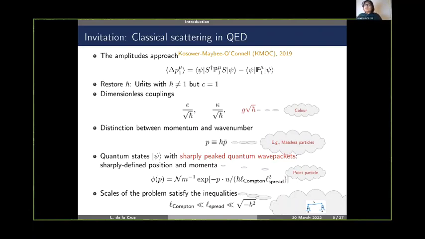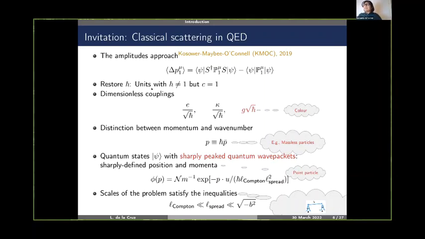Because I need to take the classical limit, I will have to restore some powers of h bar in my quantities. Of course, I can opt for not doing that and use some other framework. This is the framework of Kosower, Maybee, O'Connell to get the classical limit.